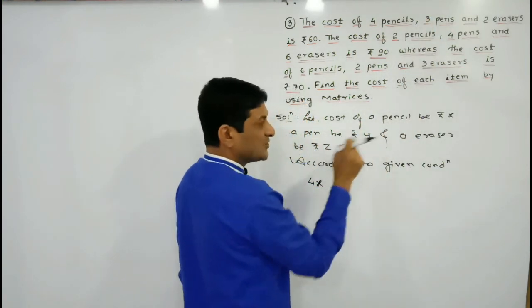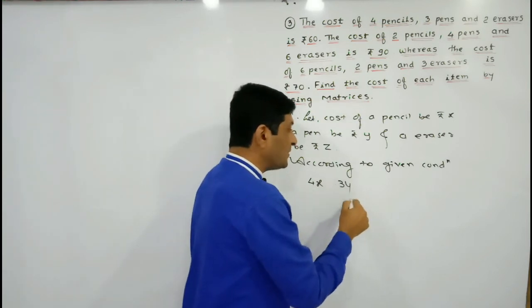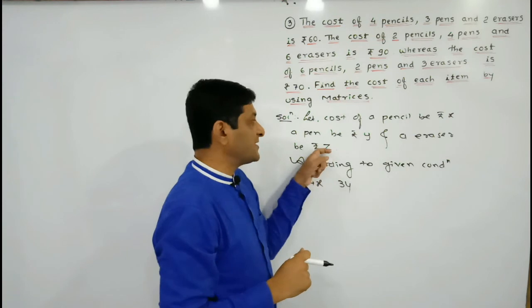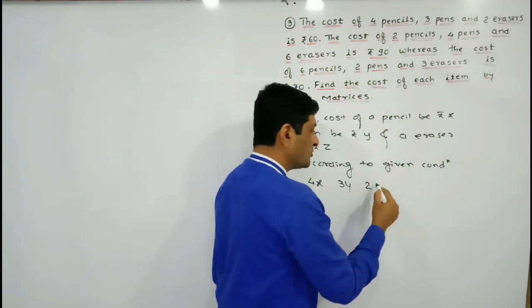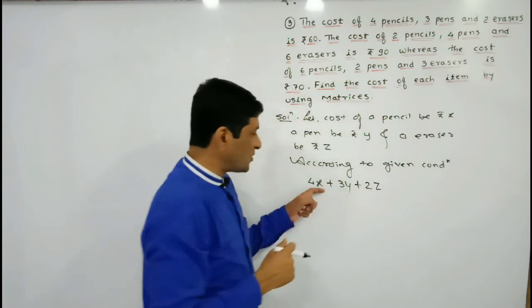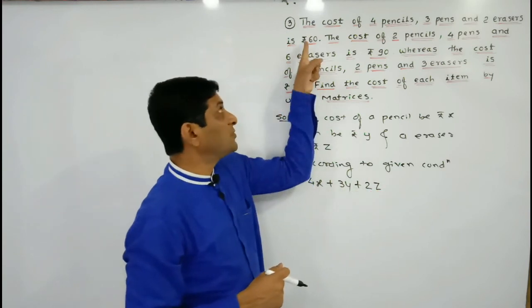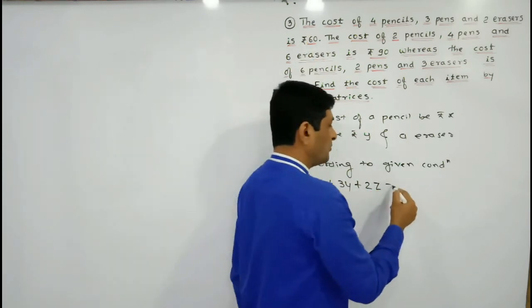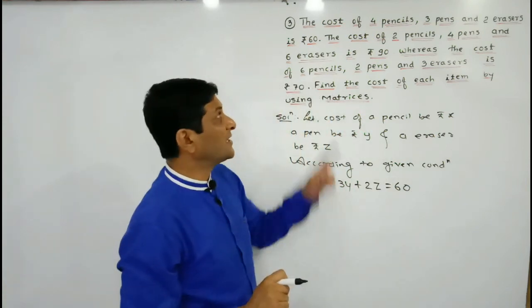The cost of 1 pen is rupees y, so the cost of 3 pens will be 3y, and the cost of an eraser we have denoted by z, so the cost of 2 erasers will be equal to 2z. And if we take the addition of the cost of 4 pencils, 3 pens and 2 erasers, it is given to us that this cost will be equal to how much? Rupees 60. So in this way we have got the first equation using the given condition.